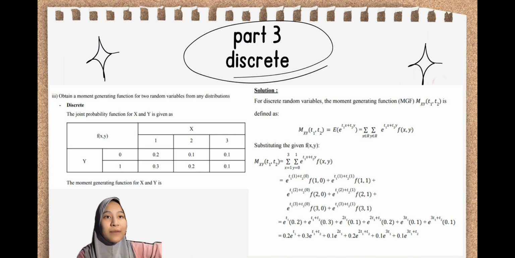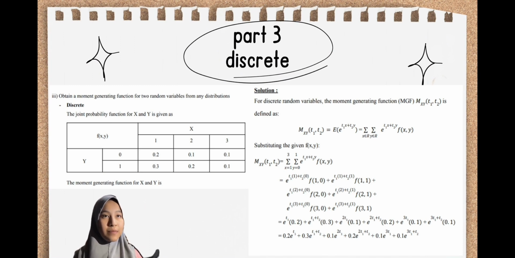To obtain the moment generating function for discrete random variables, the moment generating function is defined by the expected value of e to the power of t1x plus t2y, which is equal to the sum over all values of x and y of e to the power of t1x plus t2y times f(x,y).